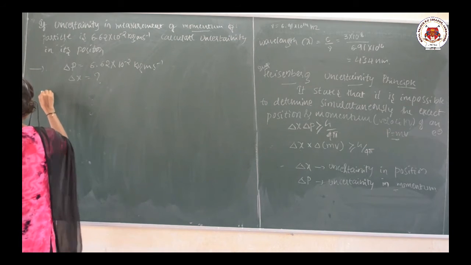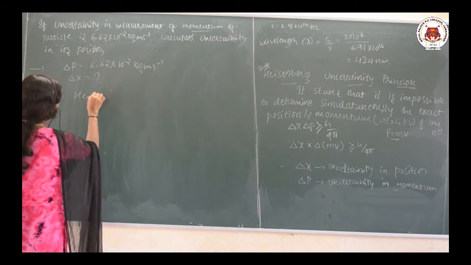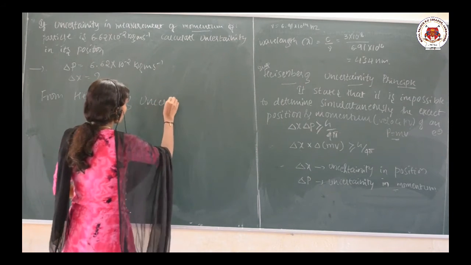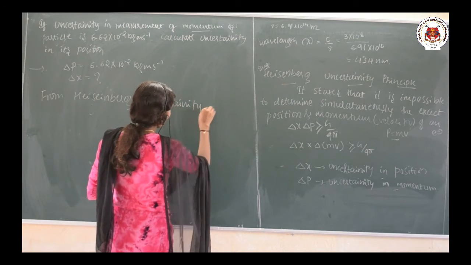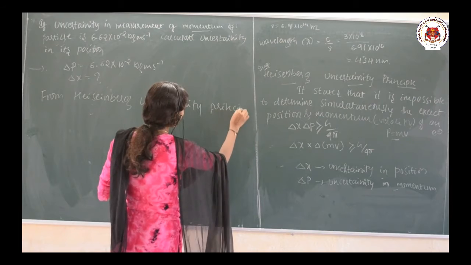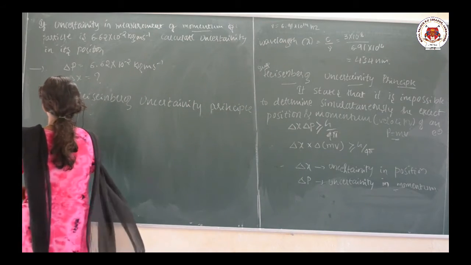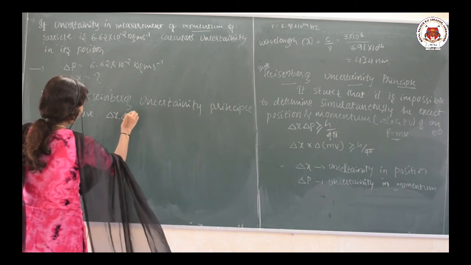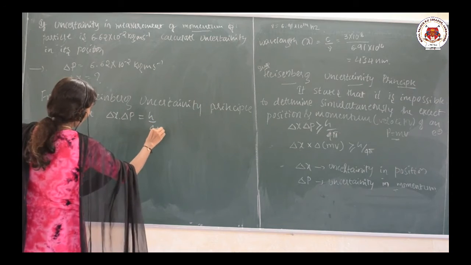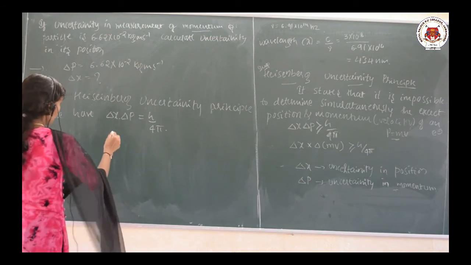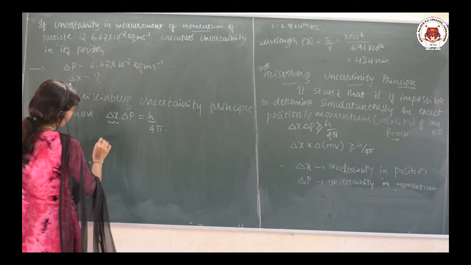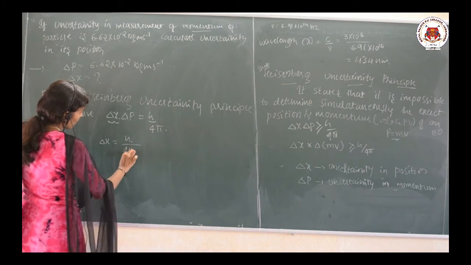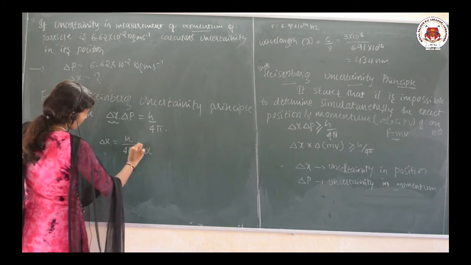So from the Heisenberg uncertainty principle, we have delta x into delta p is equal to h upon 4 pi. And then I need to calculate delta x, so separate out the term delta x: h upon 4 pi into delta p.